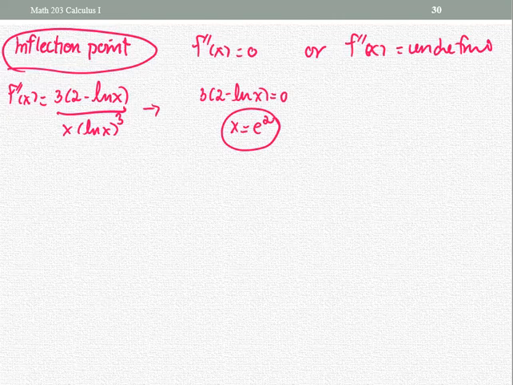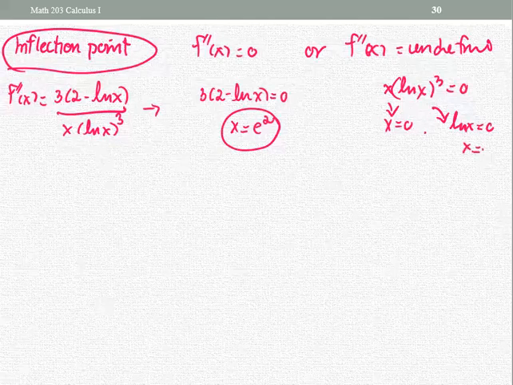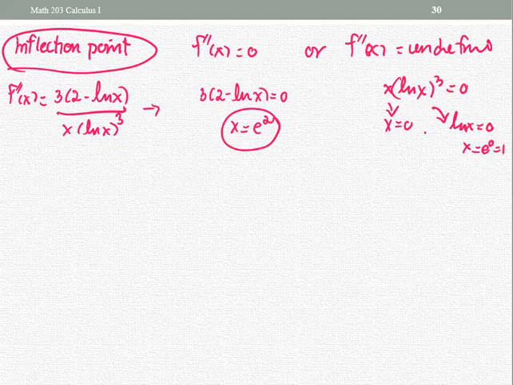For the undefined case, the denominator equals 0. We get x equals 0 from one of the factors, and the other factor gives us natural log x equals 0, or x equals e to the power 0, or 1. Again, both 0 and 1 are not in the domain of this function, so we discard these 2 points.